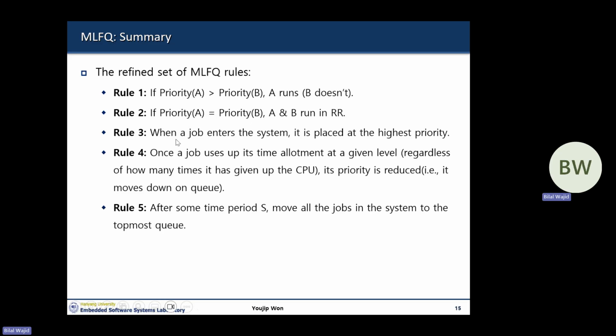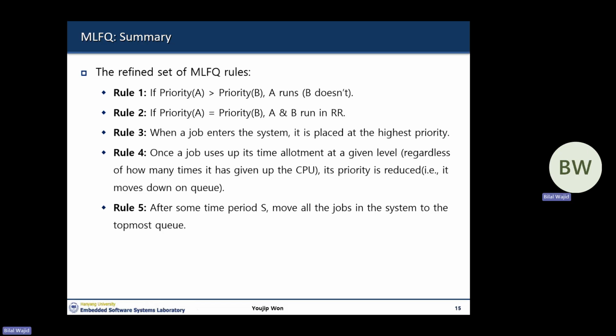When a job comes, it enters the highest priority level. Once a job uses its time allotment at a given level, regardless of how many times it relinquished the CPU, its priority level is reduced. And after some time period S, move all the jobs to the topmost priority.